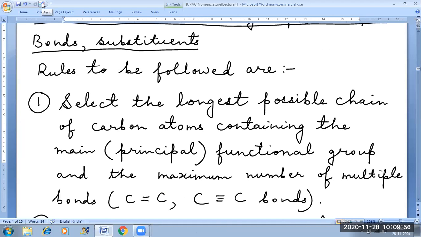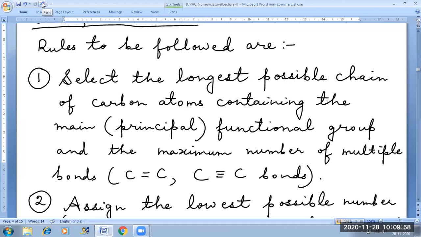First rule again is similar to what we have learned earlier. Select the longest possible chain of carbon atoms containing. Now, containing word is important. After the word containing: the main or principal functional group and the maximum number of multiple bonds.